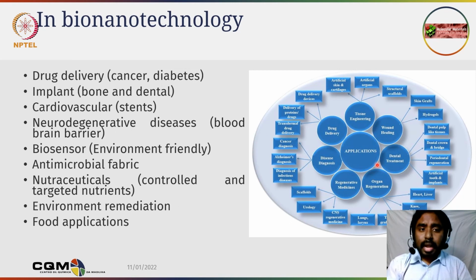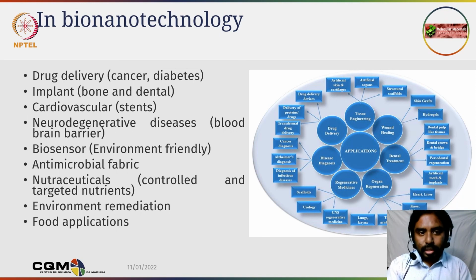The second is implants, either bone implants or dental implants. The third is cardiovascular, to fabricate stents. Drug eluting stents are currently gaining more attention among researchers, and cellulose nanofibers are highly used for stents.